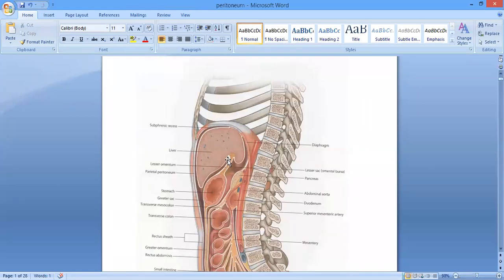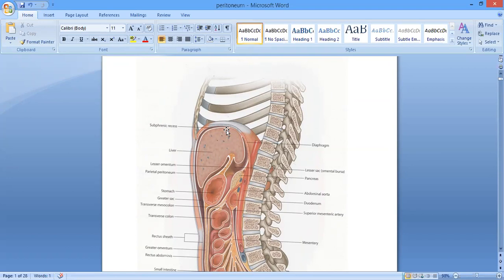Visceral means, this name is representing that it is going to line the viscera. And it is closely related to the viscera, and it is adherent to the viscera. You cannot peel it off. Okay? The outermost layer of the viscera is the visceral peritoneum. And it is firmly adherent to that one, and it cannot be stripped off.